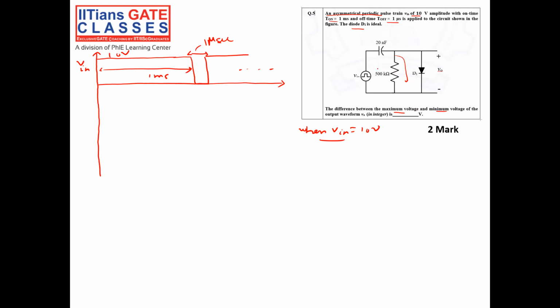The diode will be forward biased, and the capacitor will charge. We know for an ideal diode, when it is forward biased, it will behave like a short circuit. So the equivalent circuit will be: capacitor is there, there is a resistance, and the diode will behave like a short circuit in forward bias. Then I apply Vin 5 volt.